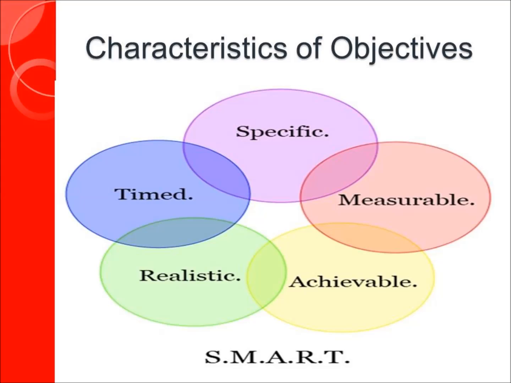Characteristics of objectives. Specific. Is there a description of a precise behavior and the situation it will be performed in? Is it concrete, detailed, focused and defined? Measurable. Can the performance of the objective be observed and measured?